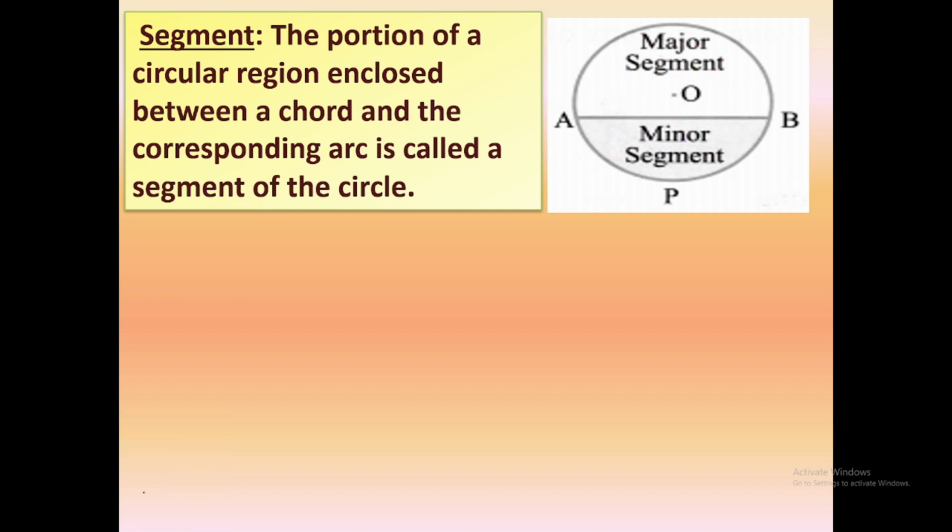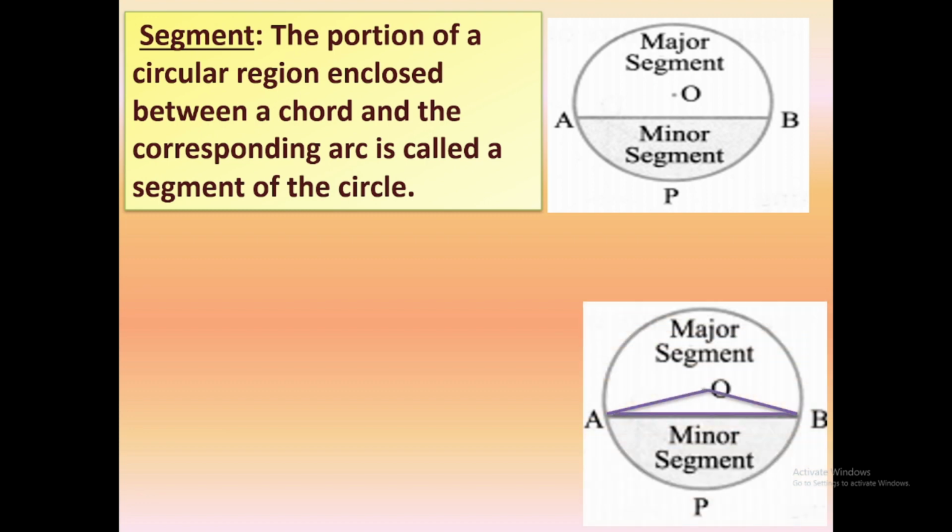Now how to find the area of the minor segment? See it. If I join A to O and O to B, you all know that the area enclosed between the two radii and the corresponding arc is the area of the sector.